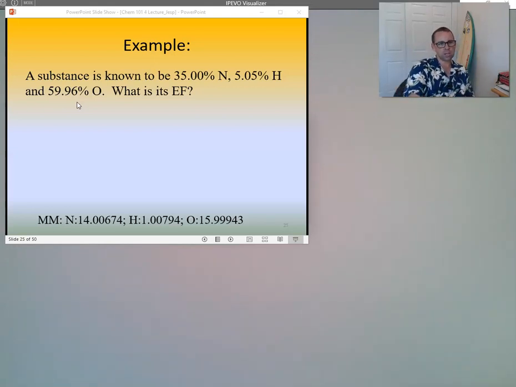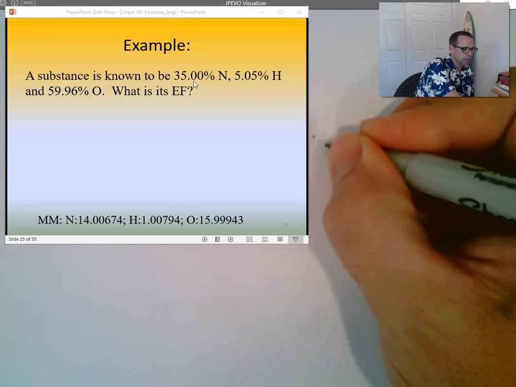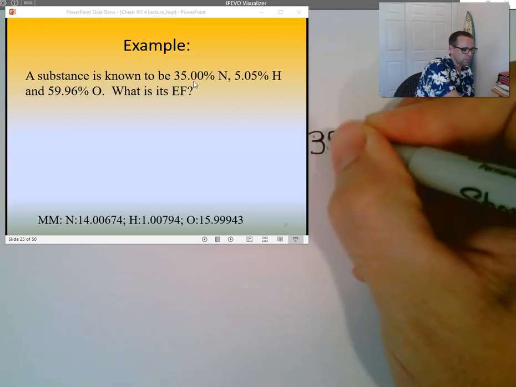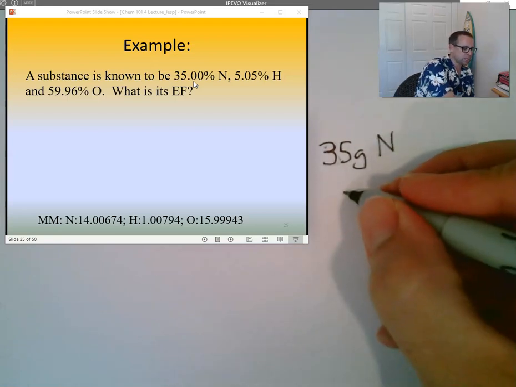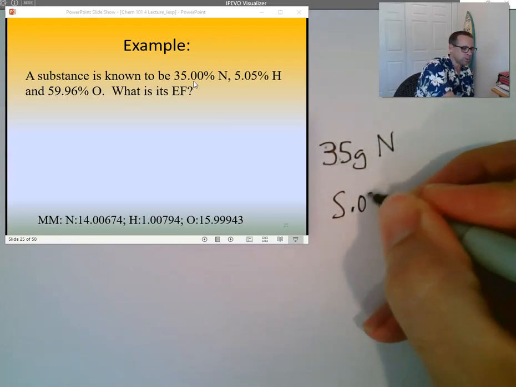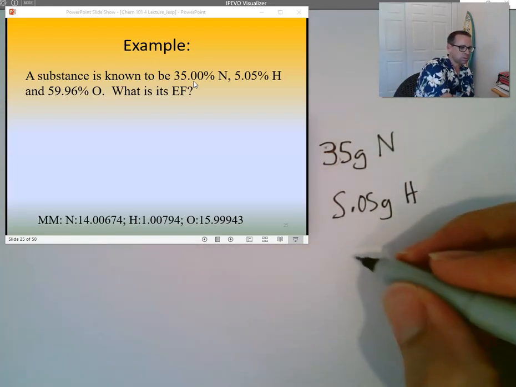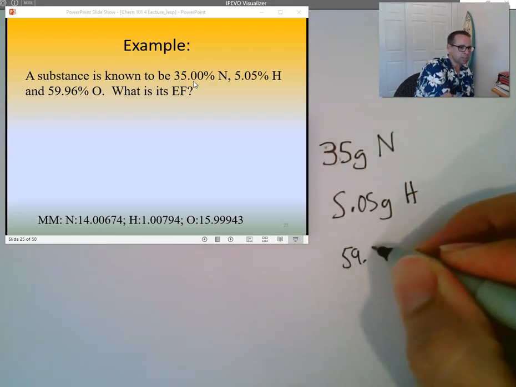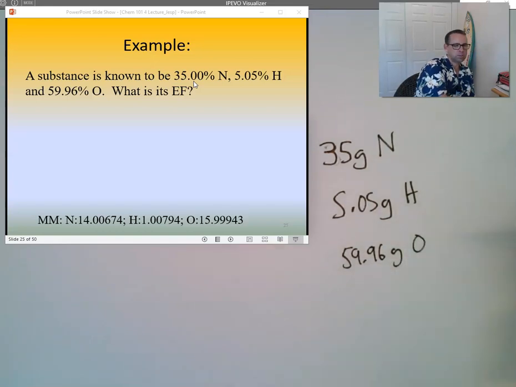So when you see a question like this, 35% nitrogen can mean 35 grams of nitrogen. And 5.05% hydrogen can mean 5.05 grams of hydrogen. And 59.96 percent oxygen can mean grams of oxygen.